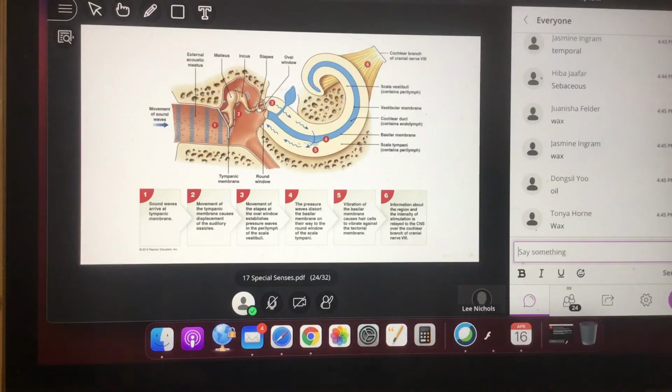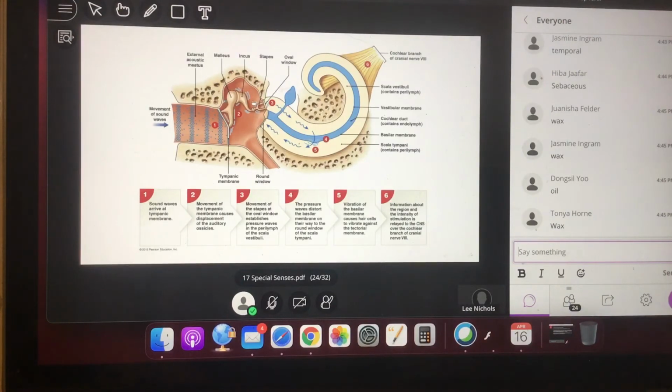And so all three of these bones together help to transmit the sound waves from the tympanic membrane, which is basically vibrating air. That's what sound technically is. Sound waves are technically air vibrations. And so the job of these bones is to transmit that sound over into the inner ear, which is filled with fluid.